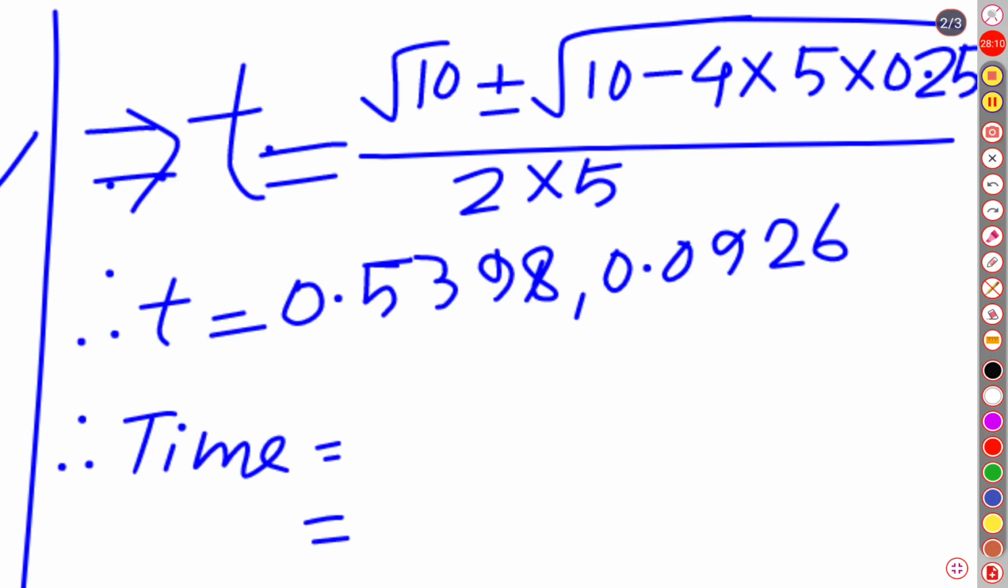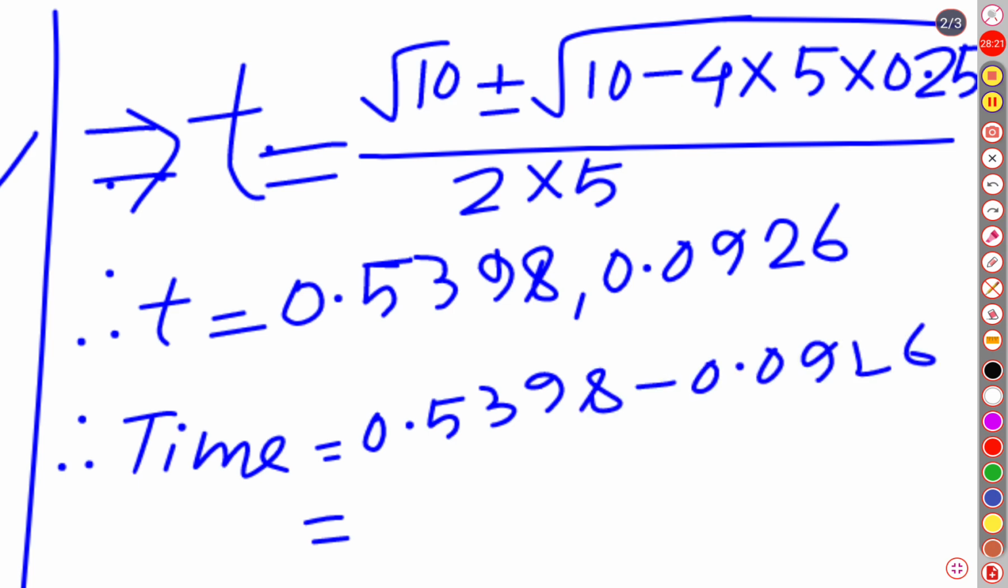So time is going to be, if we do subtraction, 0.5398 minus 0.0926. This is the time when the particle was above 3.25 meters from the ground.